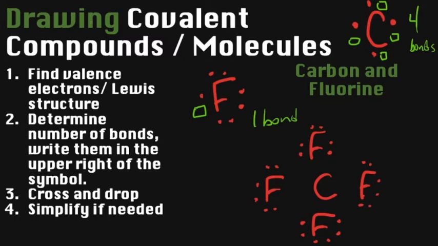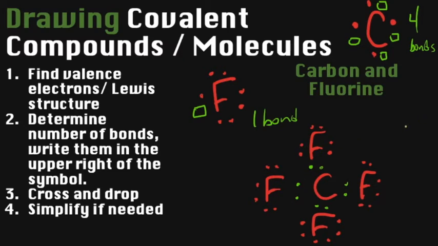But then each fluorine is going to be sharing 2 electrons with the carbons. Okay, so this fluorine has 8 valence electrons. So does this fluorine. So does this fluorine. So does this fluorine. And carbon, if we look at carbon, has all 8 valence electrons. So this is what the CF4 molecule looks like.